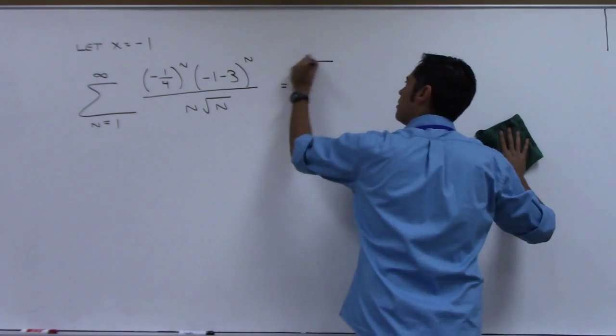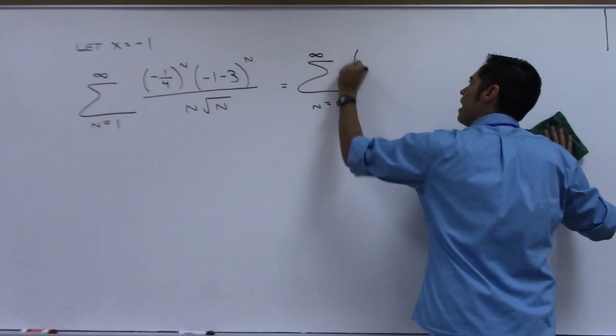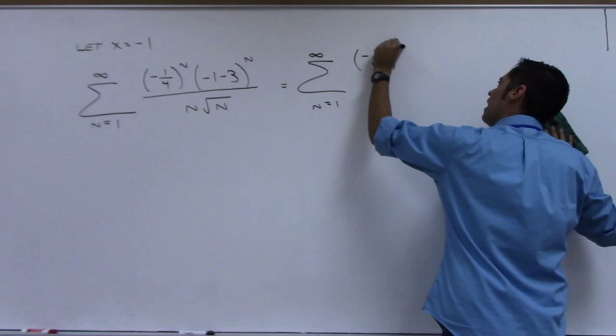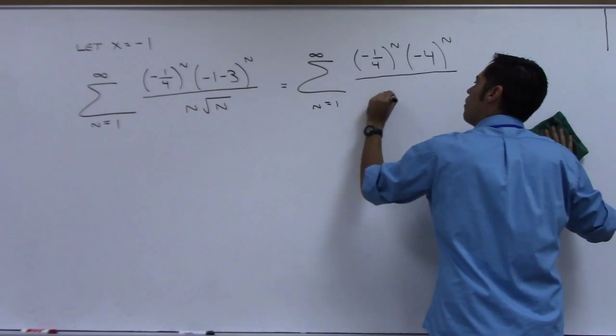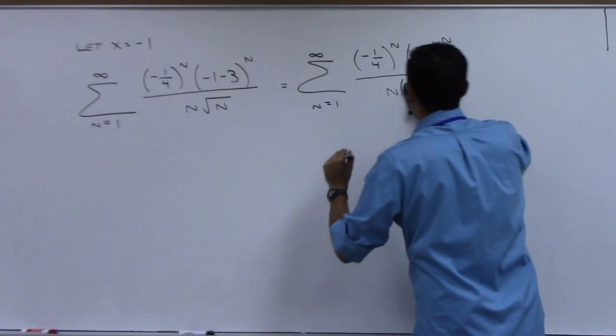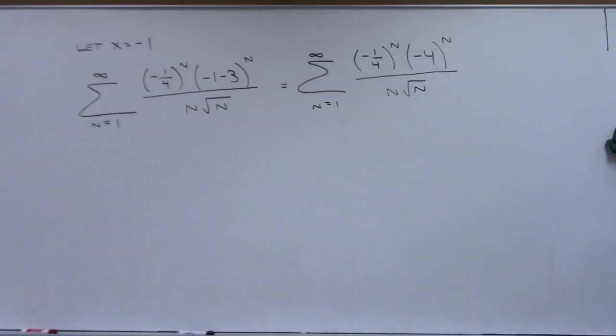But this is just, what, -1/4 to the n times -4 to the n over n root n? What do those do? They come together because they're both to the n power and become a what?